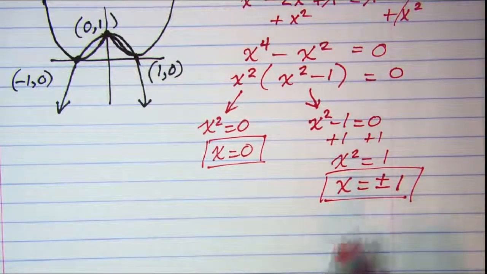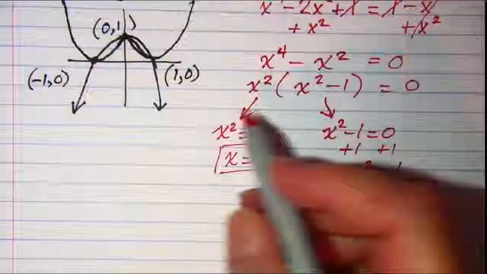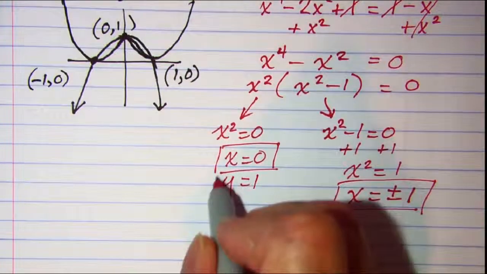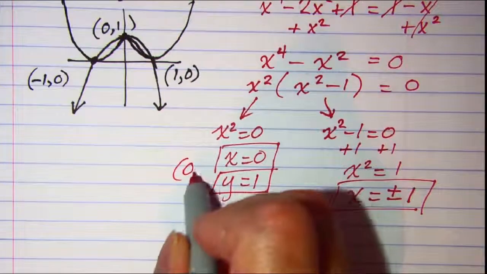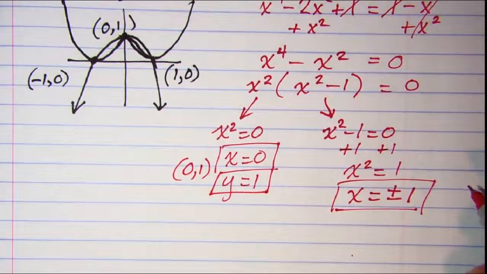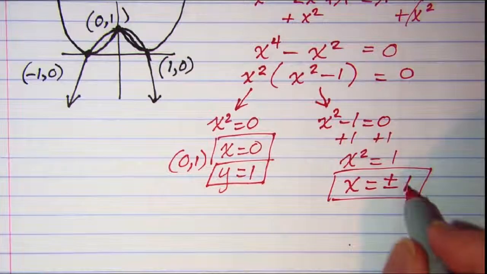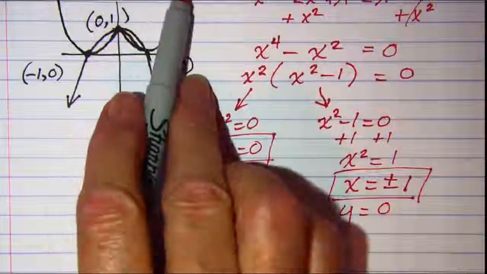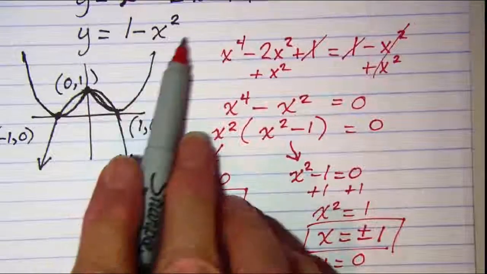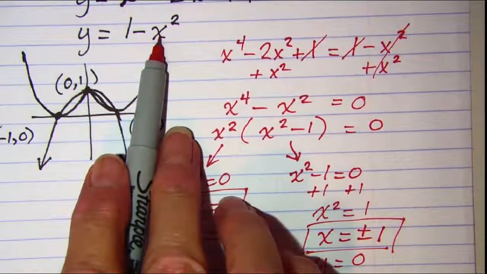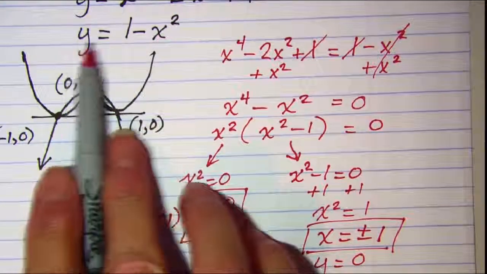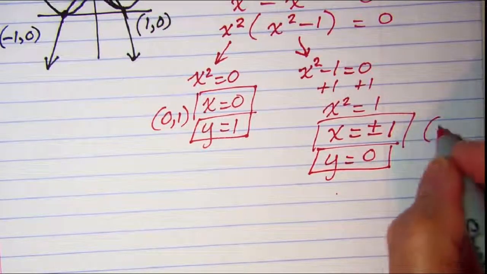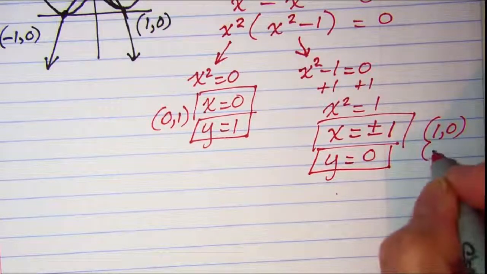Now those are the x values of our points. If you put 0 in for x, we have y equals 1. So that point was the point 0, 1. If you put positive 1 in for x, I have y equals 0, because if you put either positive 1 or negative 1 here, you'll get y equals 0. So that gives us the points 1, 0 and negative 1, 0.